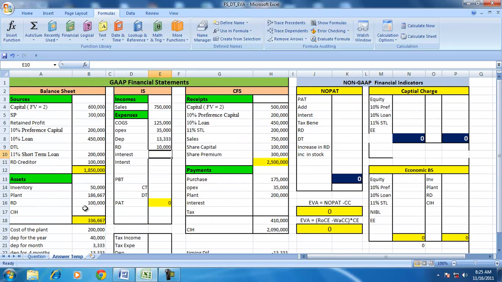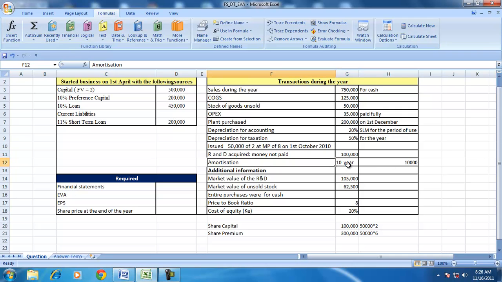So the value of R&D by the end of the year will reduce to 90,000 amortized. The rest of the information, the market value of R&D and the market value of unsold stock, because both are higher than the book value, we'll consider them for calculating the economic value added.